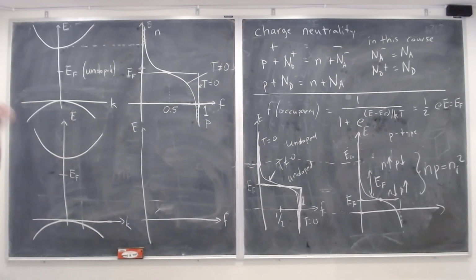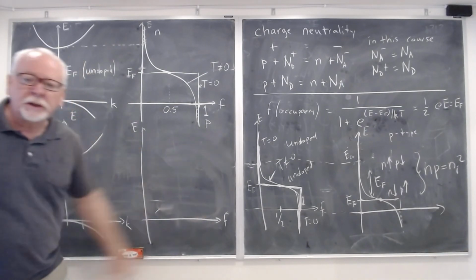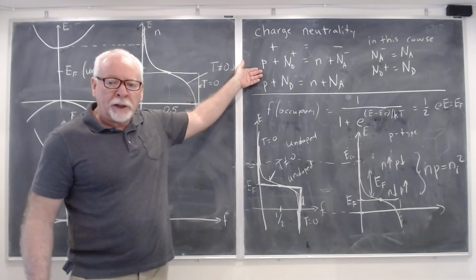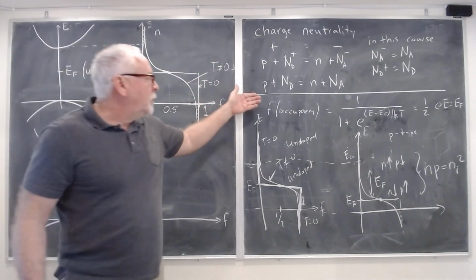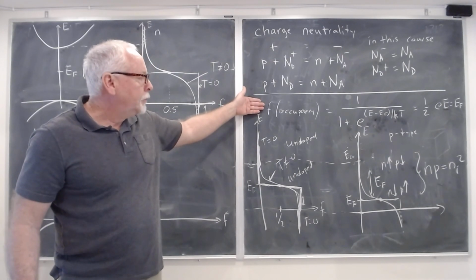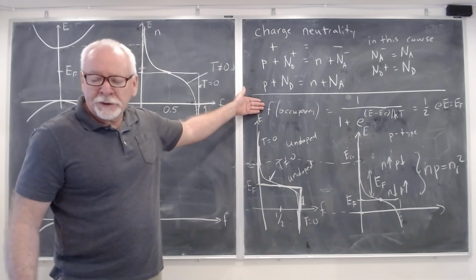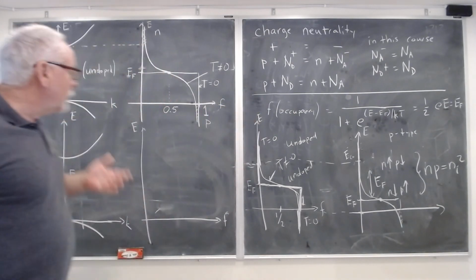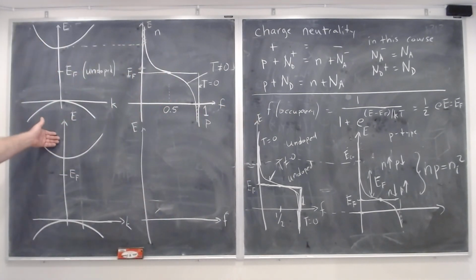Well, the answer is, as you know, when we complete the whole analysis and we use charge neutrality to determine N and P, and also make it equal to what Fermi-Dirac statistics tell us it must be, you will see that in order to have more electrons and holes, I had to move the Fermi level up.